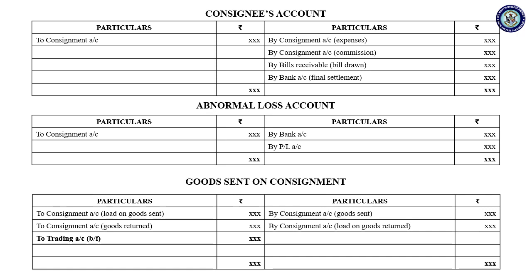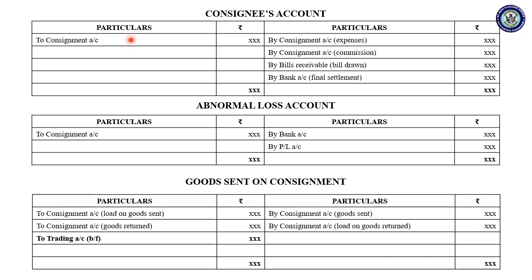In the consignee's account, it is "by consignment": the first one is expenses, the second one is commission. You transfer this from the consignment account.